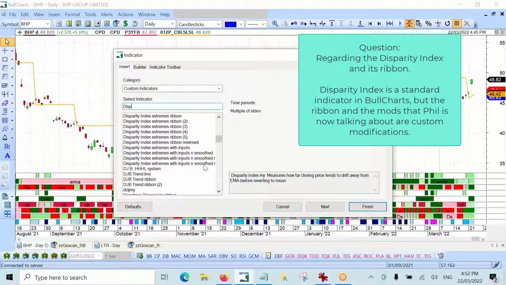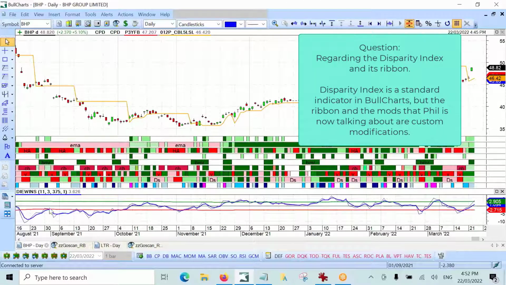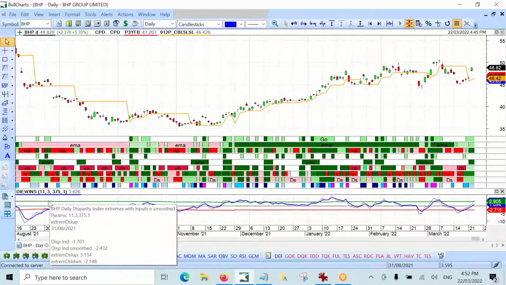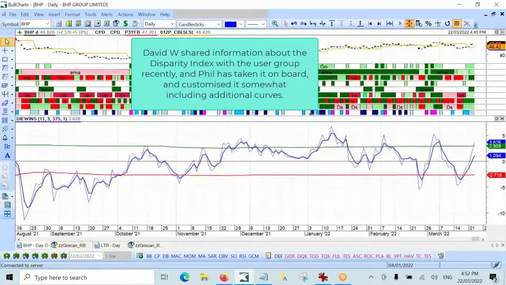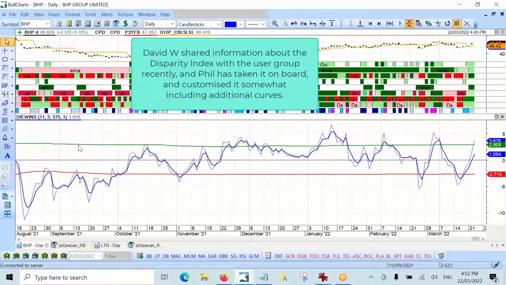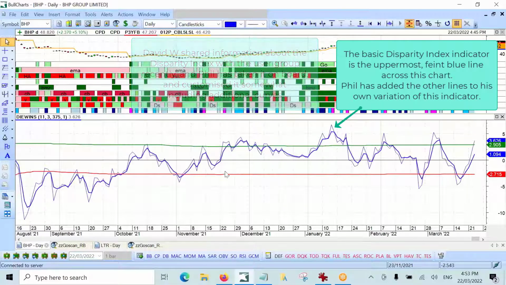I think it's this one. I've sort of automated it a little bit to create it. I'm using an 11-day average of the disparity, and I've worked out when is an extreme point, this green line at the top, and when is an extreme point down.